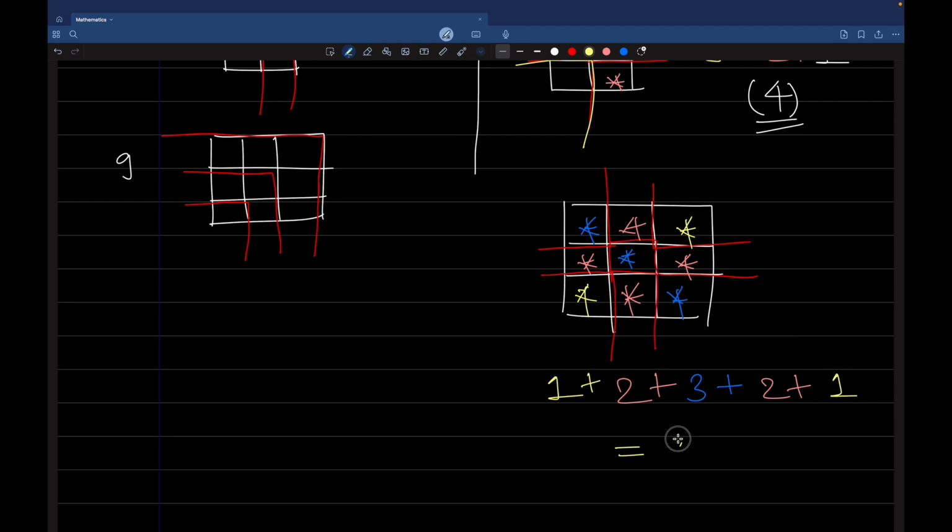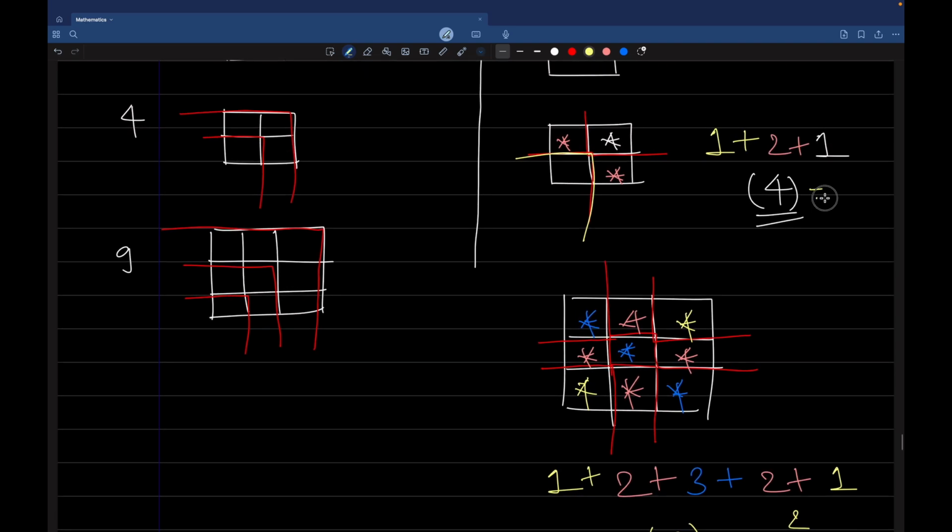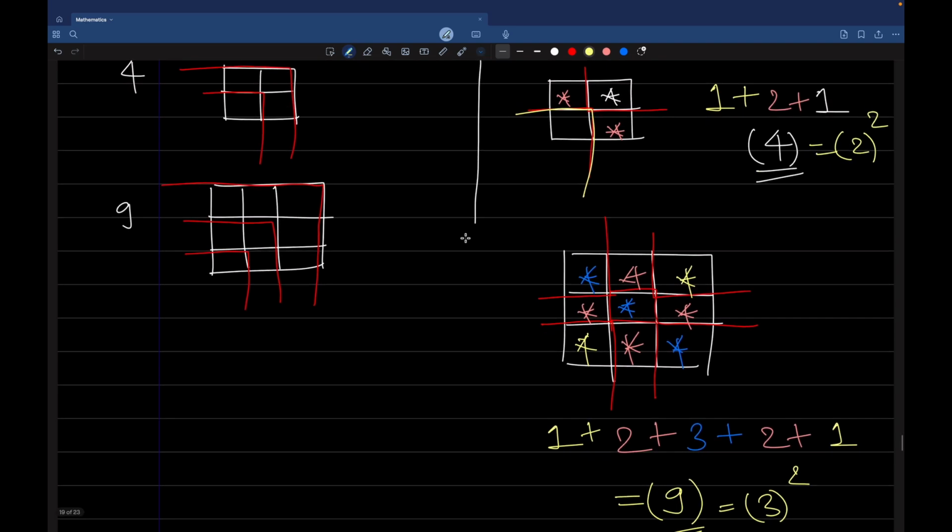We get 9 as the answer, that is 3 square. This 4 is 2 square.